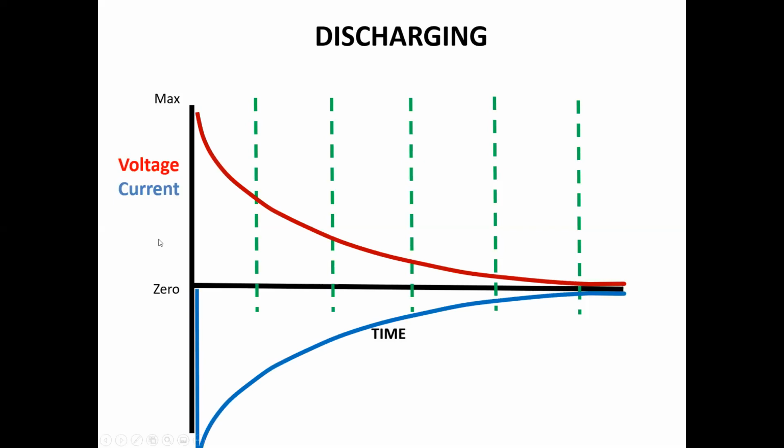So what's happening? They're both starting at their maximum values, and they're both decreasing down to 0. At this point here, the capacitor is considered discharged. Over here, this would have been the voltage the capacitor was charged up to, so perhaps 48 volts.